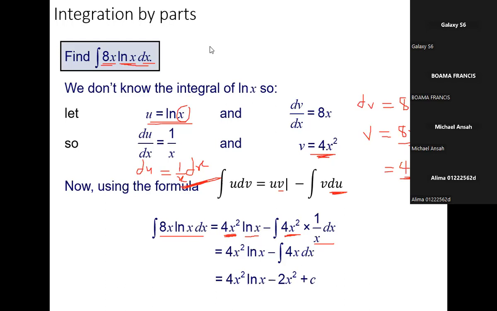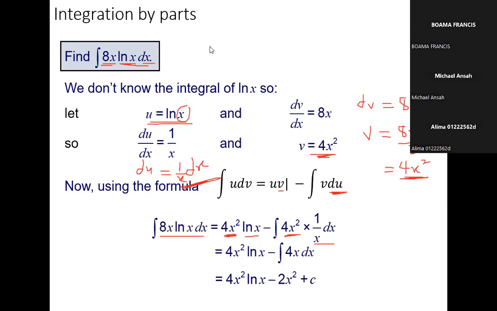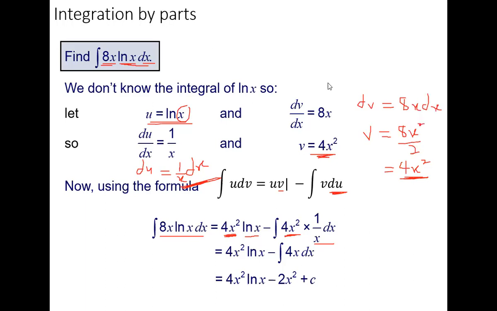Okay, now let's continue. So after we've substituted, what next? If you look at this carefully, this x will cancel out one of the x's here and we'll be left with 4x dx.